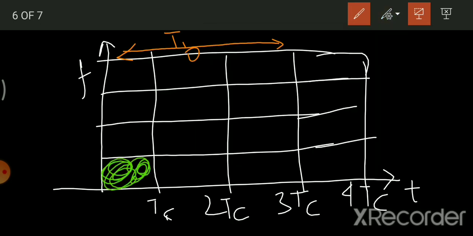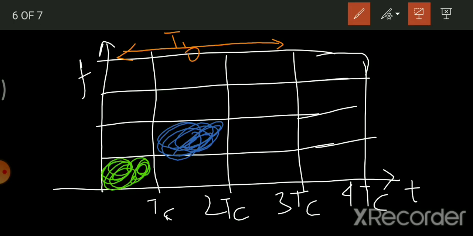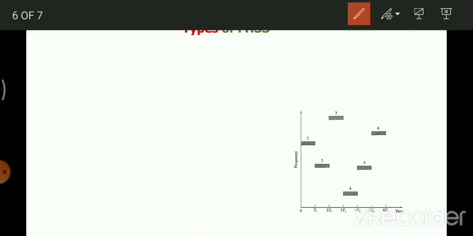1, 2, 3. So 3 times. That means you can generalize this: if TB is equal to n times TC, that is called fast hopping. Just now we did an example of fast hopping.